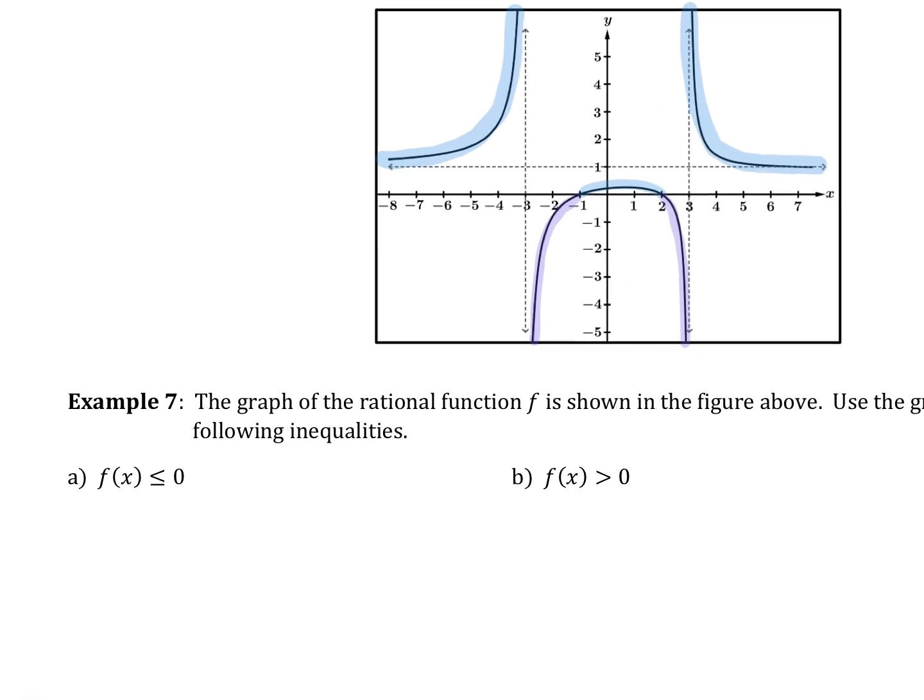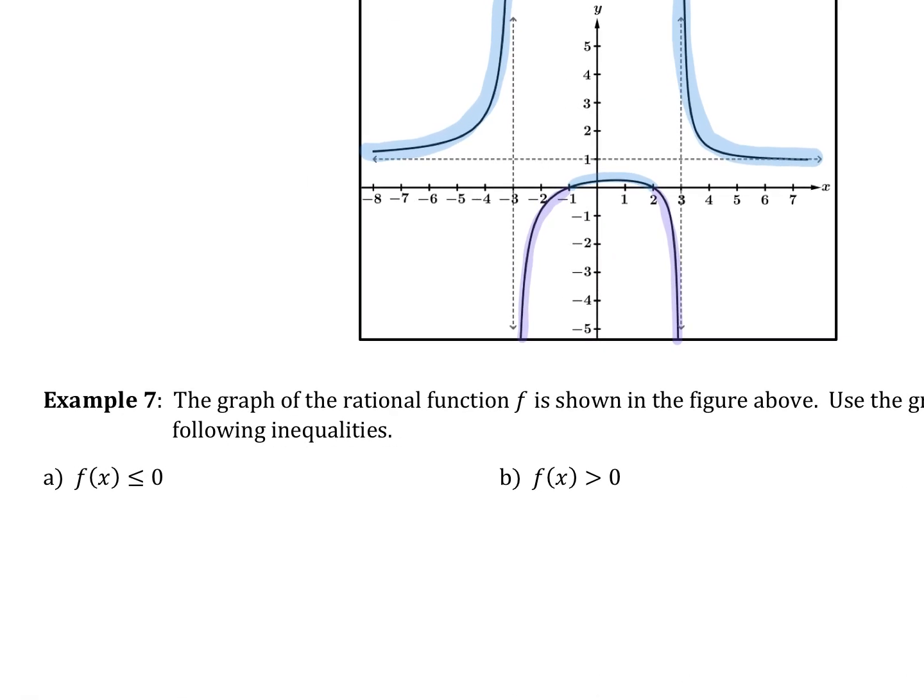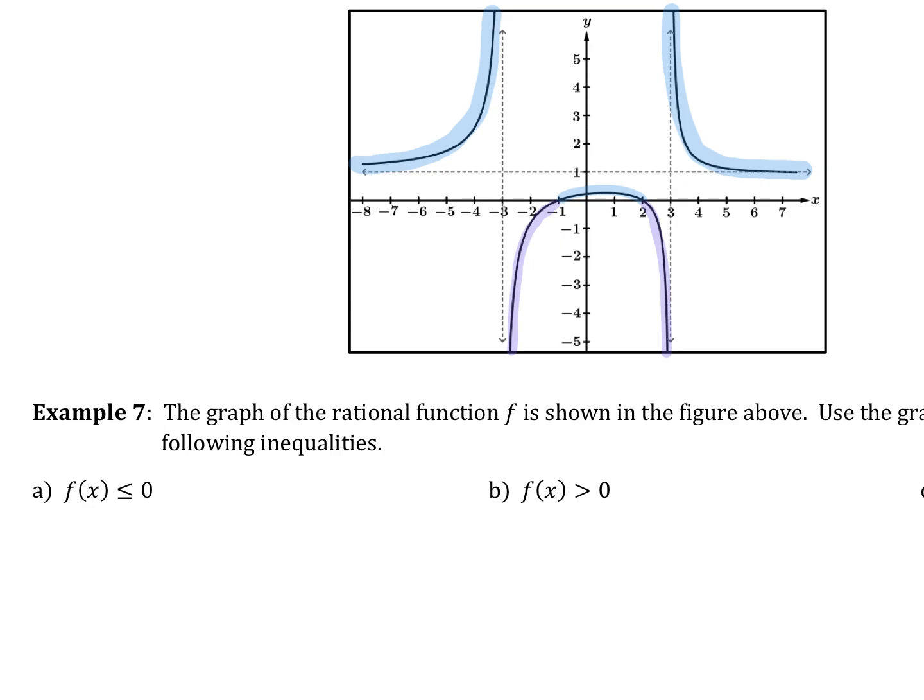It says here that f of x is less than or equal to 0. So which part? That's going to give you from here, and then it will stop on this part. That means it's going to be from the interval of negative 3 to negative 1, and negative 1 is a 0.